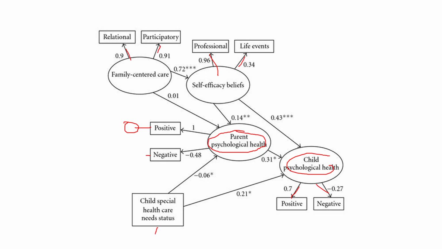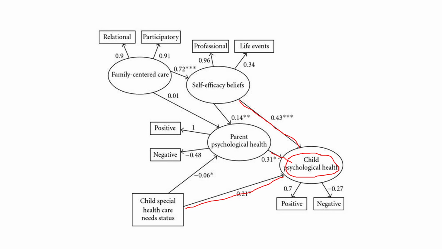What's unique about this model, though, is it's more than just factor analysis. We've got a pretty complicated regression going on where child psychological health is predicted by self-efficacy beliefs, parent psychological health, child special health care, and we have a mediator model in here as well.